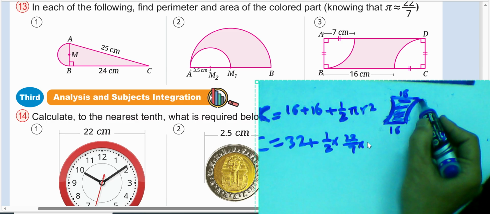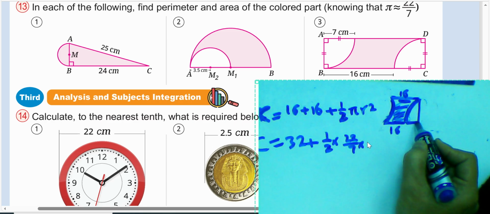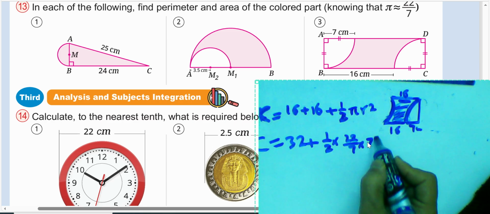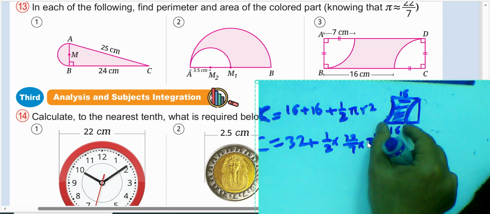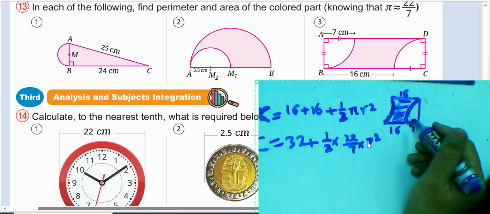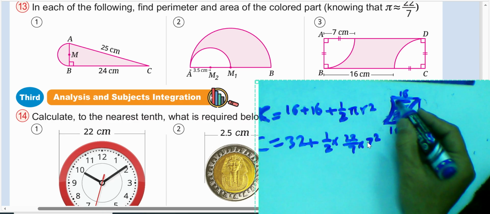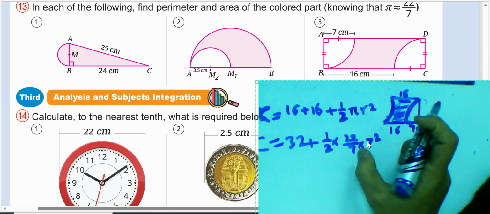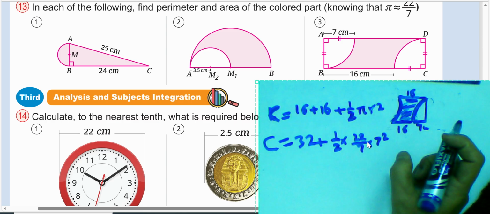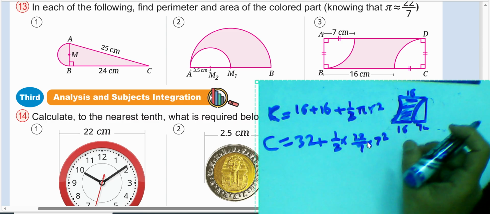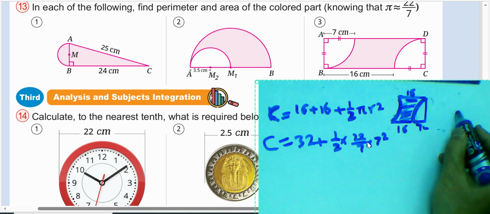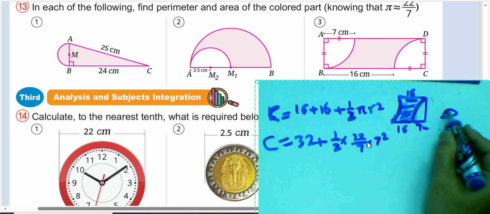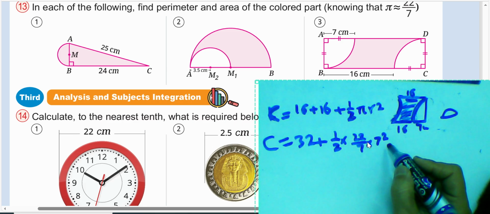The radius of this circle was 7 centimeters. Again, we have 16 plus 16 plus this curve and this curve, a fourth and a fourth, half product by r power 2, because this curve and this curve give me half of the circle.